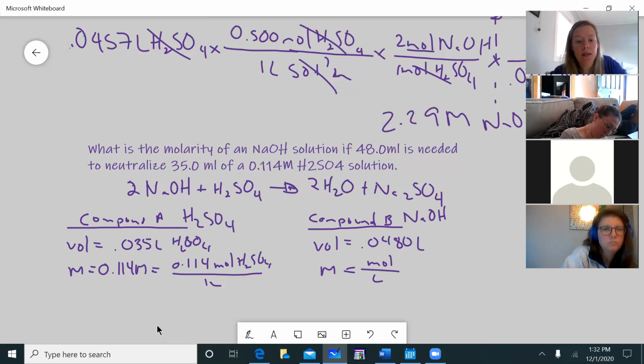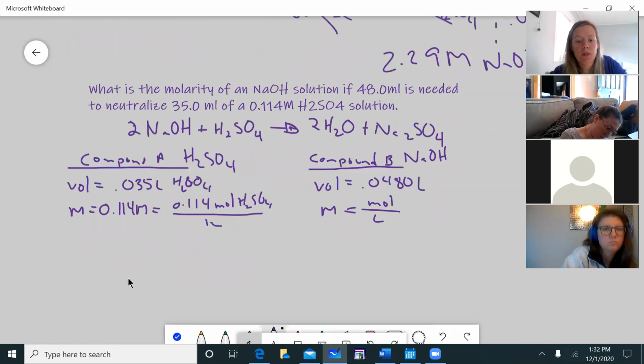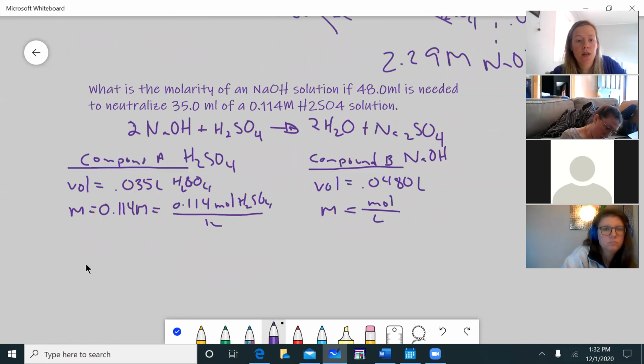So setup is really identical to the last one. We're just dealing with different numbers. We start with our initial volume for compound A, which is 0.035 liters of the H2SO4. We multiply it by its molarity in just the way that it is.